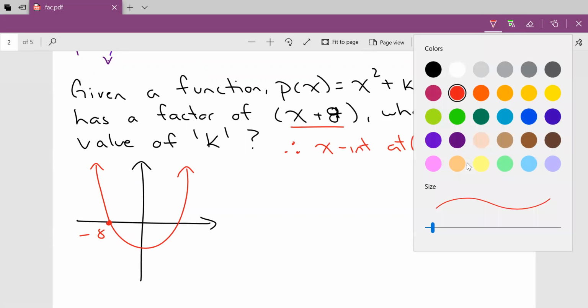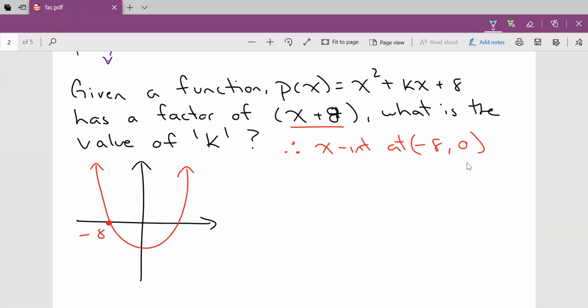Well, if I want to find k, that means I have to know x and y. So I'm going to rewrite our polynomial with a y instead of P(x). If I want to know k, I have to know x and y. So what am I going to do? I'm going to sub in this point, (-8, 0).